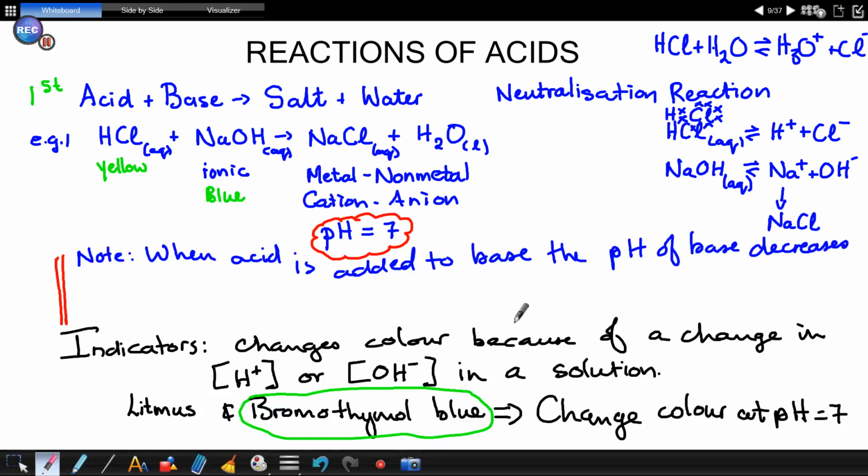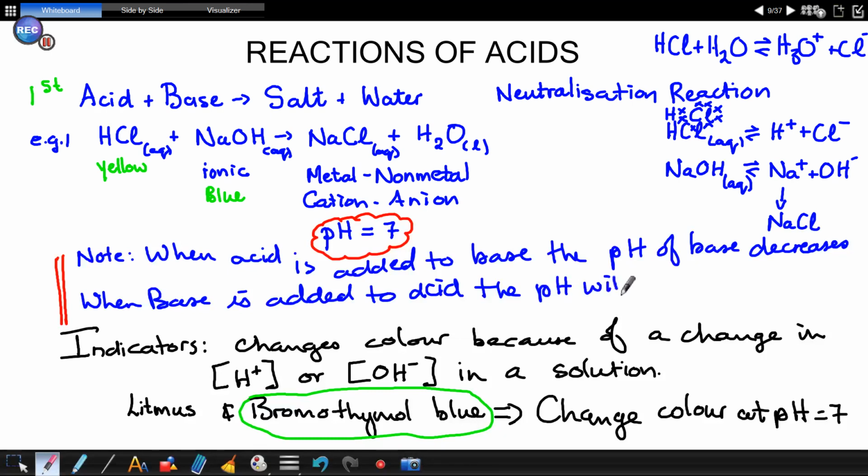And when the base is added to the acid, the pH will increase. So does that mean when an acid is added to a base, the pH decreases and the concentration of hydrogen increases? Yes, if you want to say it that way.